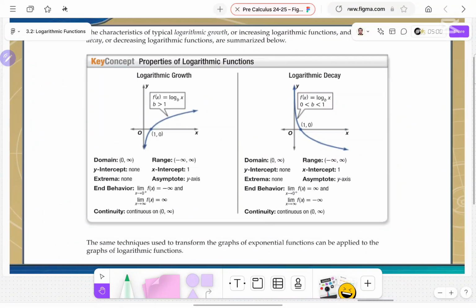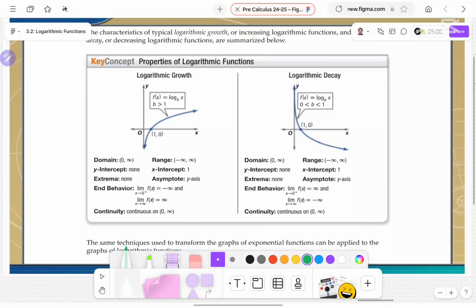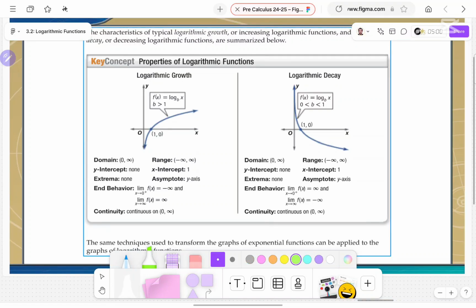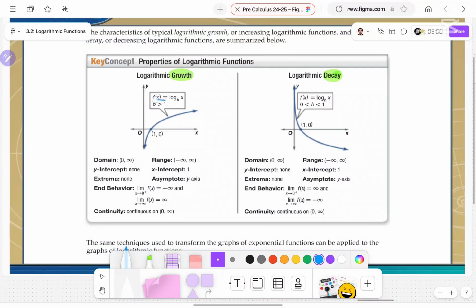How do you know the function is growth or a decay without graphing? Just look at the base of the function. If the base is greater than 1, for example, a whole number, log 3, log 4, 5, 6, 10, whatever, the function will always go as a growth.